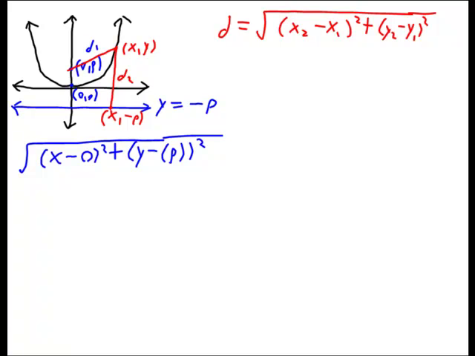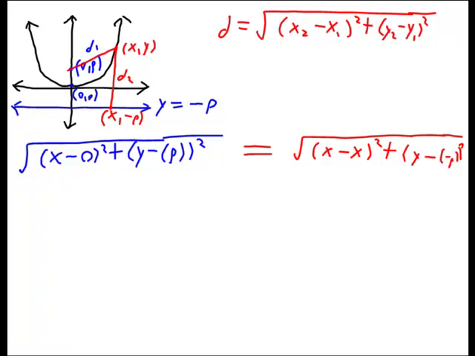So that distance is going to be the square root of x minus x, which is the coordinate of the directrix point, squared, plus y minus negative p, squared. So that is the distance for our line d2. We're saying that we're going to define our parabola as being the set of all points for which these two distances are equal.